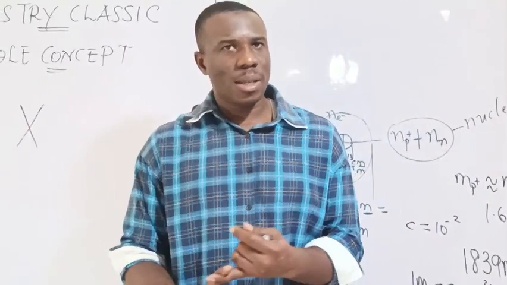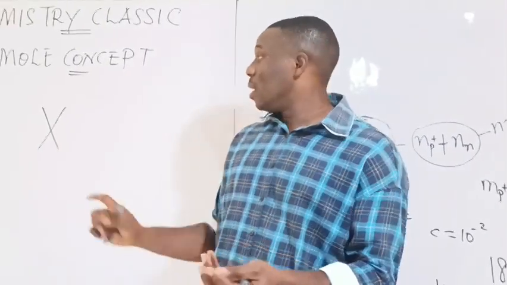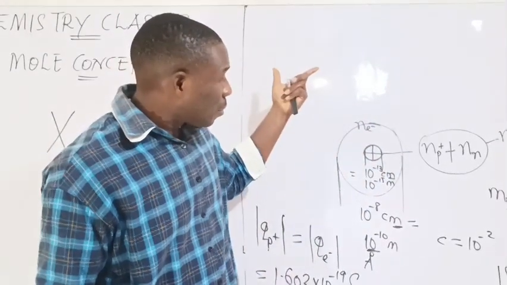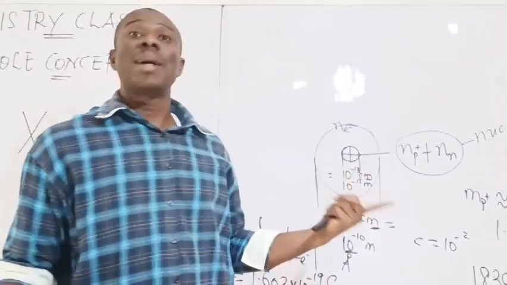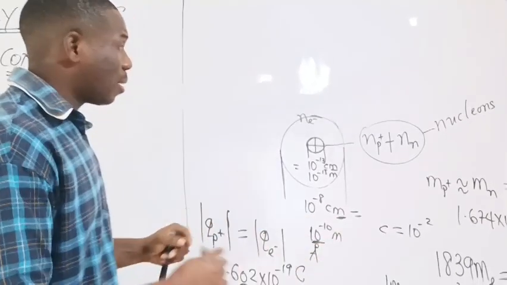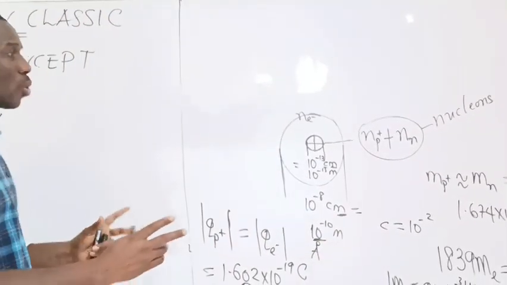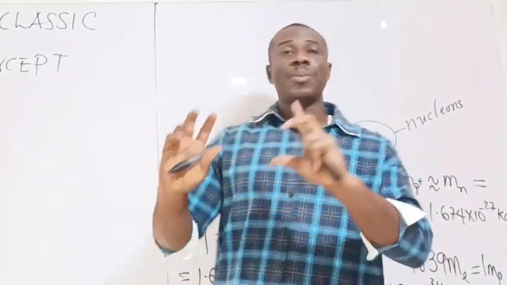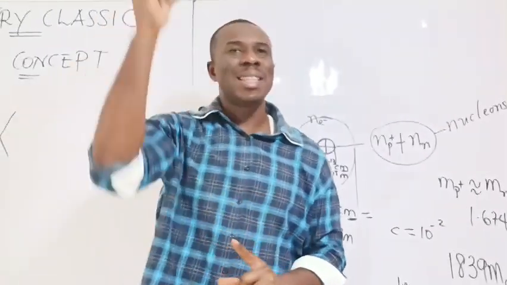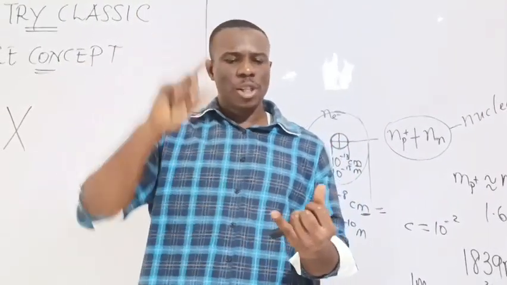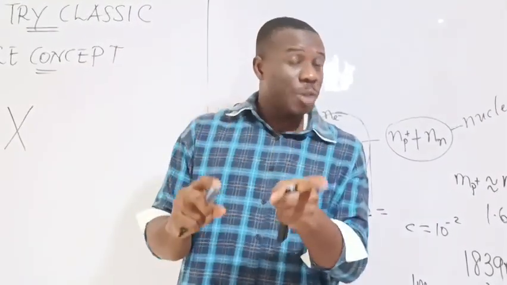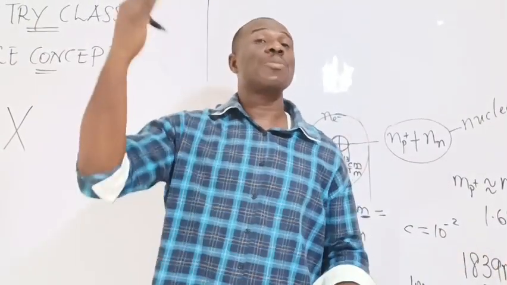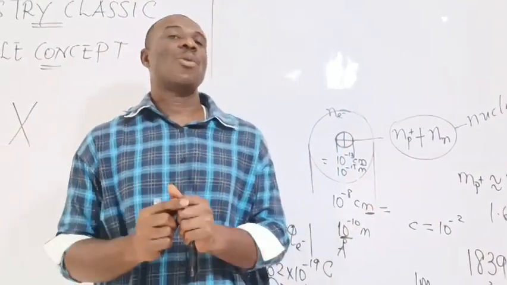It could be in their density, in their relative sizes, in their masses, even shapes. So if the atoms of a particular type of matter are exactly the same in properties, in their shape, size, and density, that substance is what we call an element. So an element is a material substance whose atoms are exactly the same or identical.